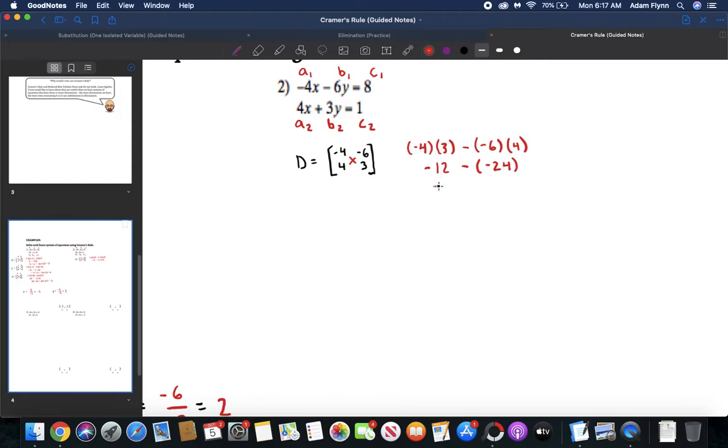So those are going to turn positive, so I've got -12 plus 24, which means the determinant of D is going to be -12 plus 24, which is +12. Okay, now I will do the determinant of E.